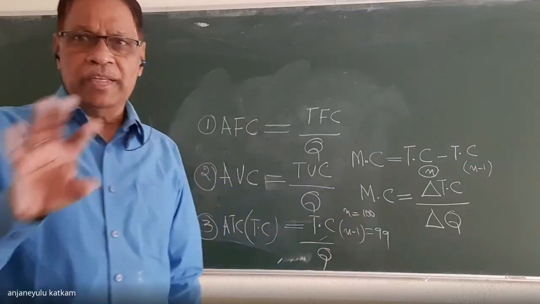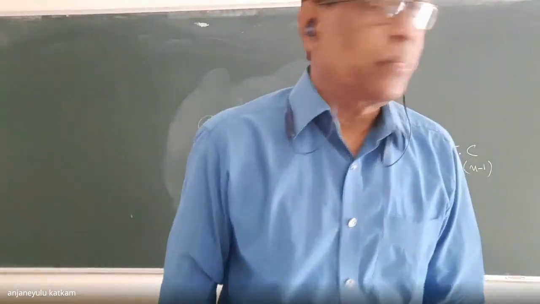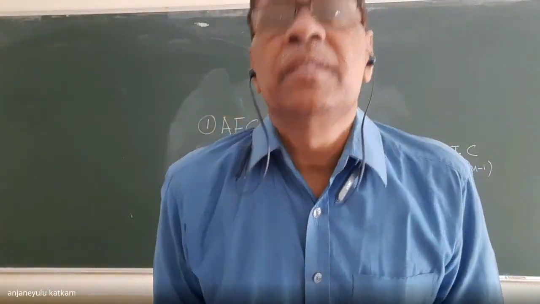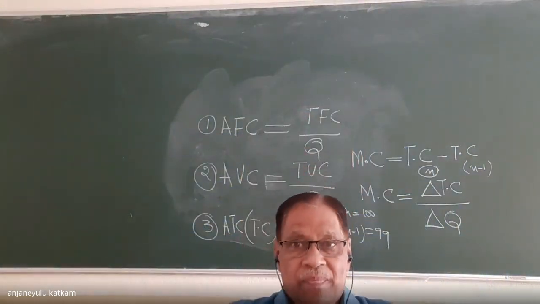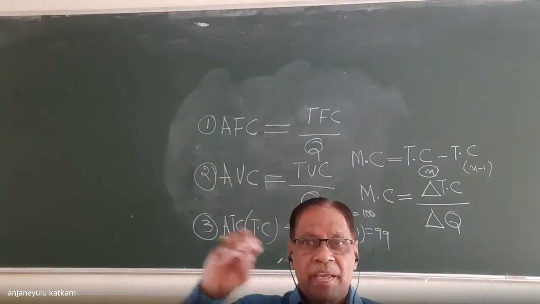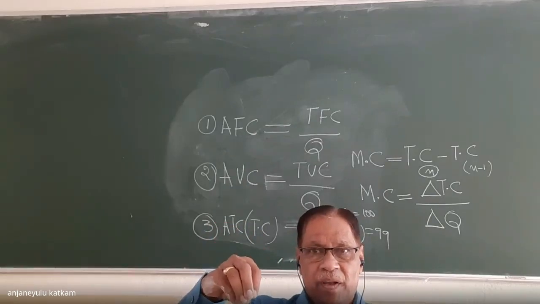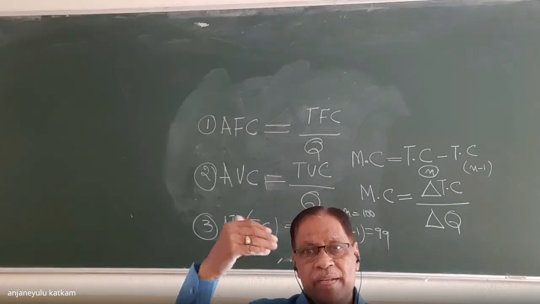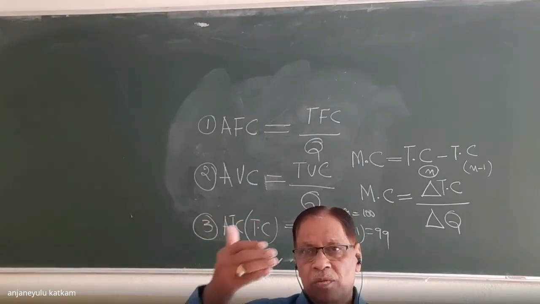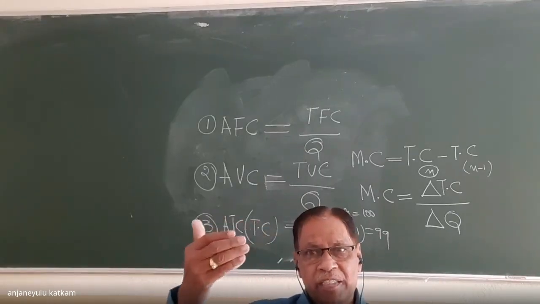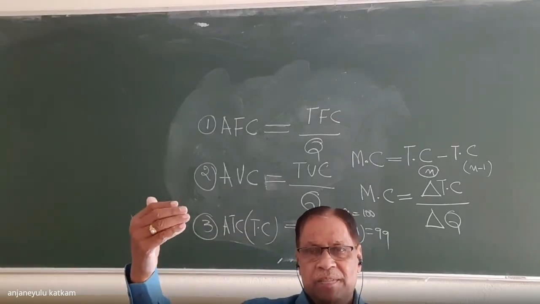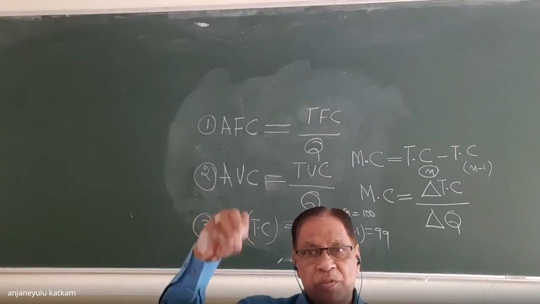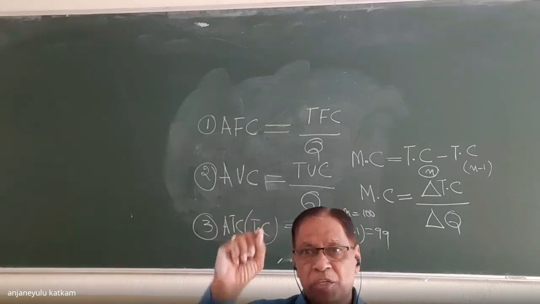All these 7 costs are there in the short run period, and we can see their behavior. Of course, we have taken the 3 already, and we will take the remaining 4. How these remaining 4 will change when the level of output changes, that we have to see with the graphs and the schedule also.